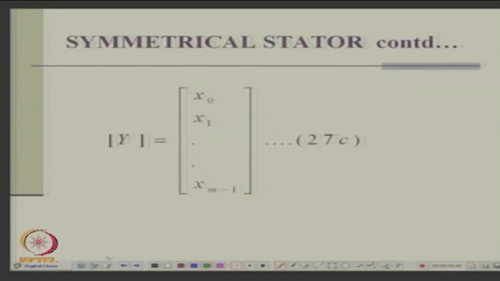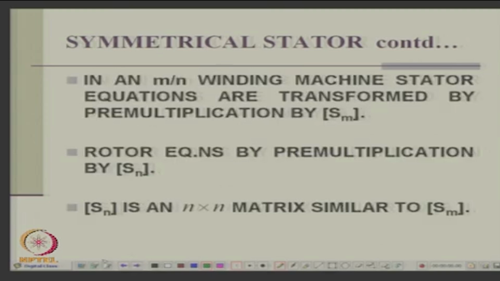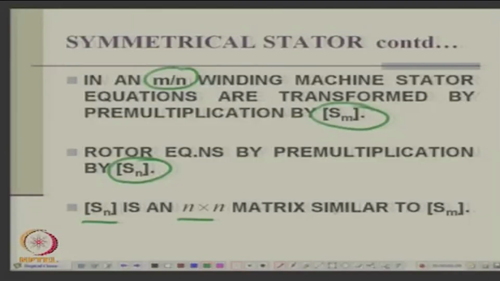Now, if there is symmetry in the stator, these are the quantities, and for a machine with M and N winding sets, the stator you can transform by Sm, the rotor by Sn. So, if they are symmetrical, you apply the symmetrical component transformation to the stator for M phase, and to the rotor for N phase, and Sn is an n by n matrix, the n phase symmetrical component similar to Sm.